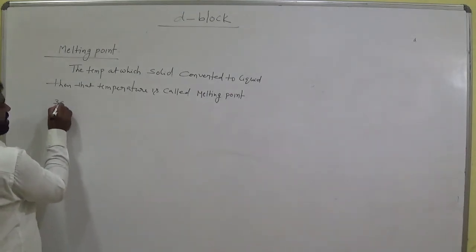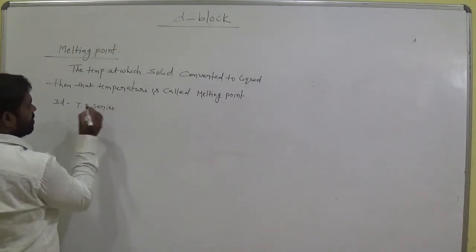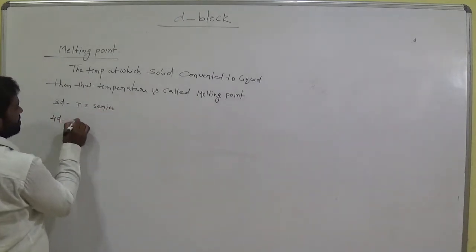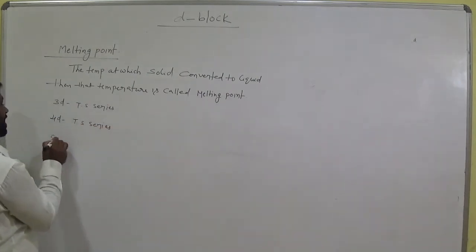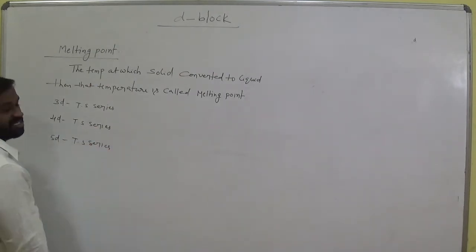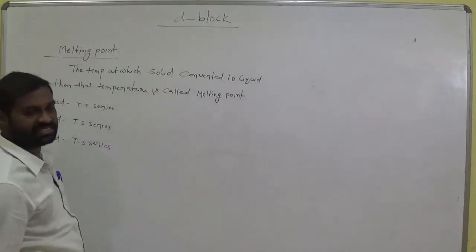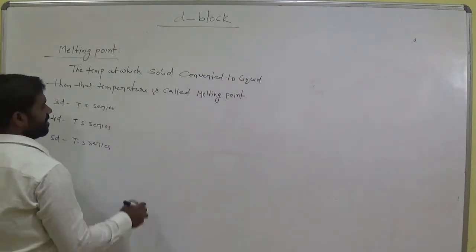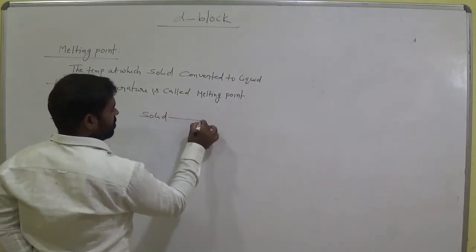We have 3d transition series, 4d transition series, 5d transition series. 6d is an incomplete transition series. First transition, second, third transition series. Keep it in our mind. And this is the solid material which undergoes heating.